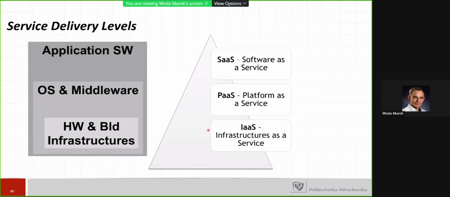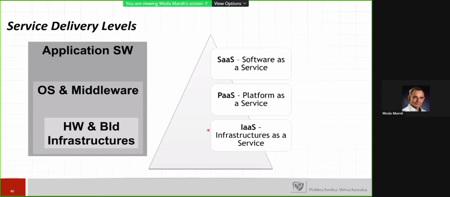We can rely on foreign infrastructure, so that we don't have any network or physical equipment. We can simply rely on someone else's infrastructure with our OS, middleware, and applications.